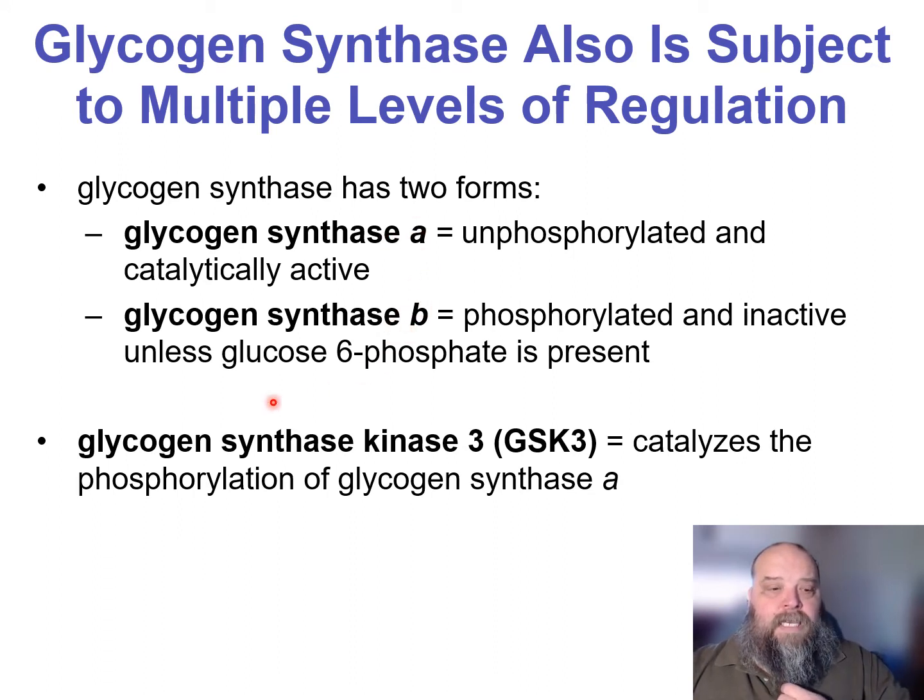What's phosphorylating? Well, glycogen synthase kinase. Ends in A's, it's a kinase. What's it adding the phosphate group to? Glycogen synthase. It's also known as GSK3. GSK3 turns A into the phosphorylated B inactive form.